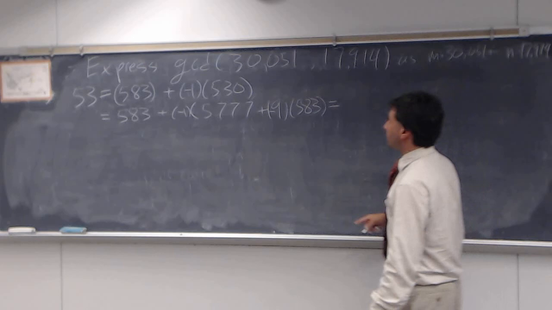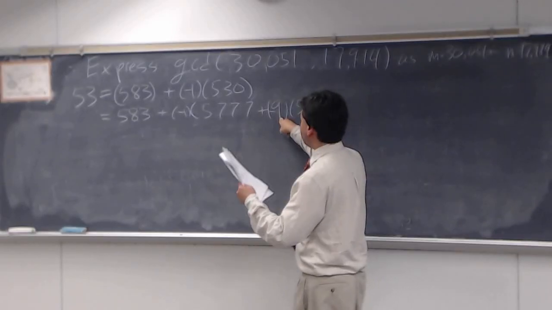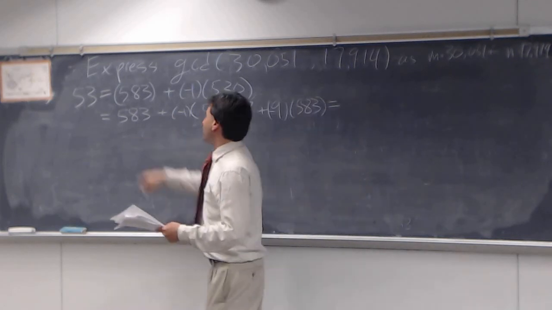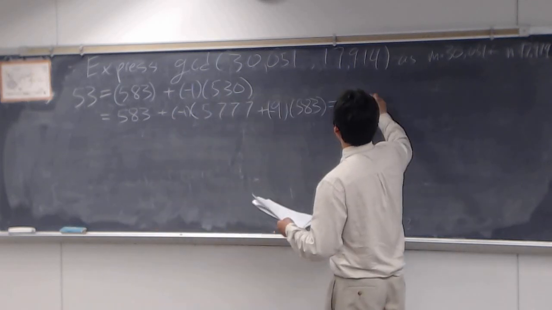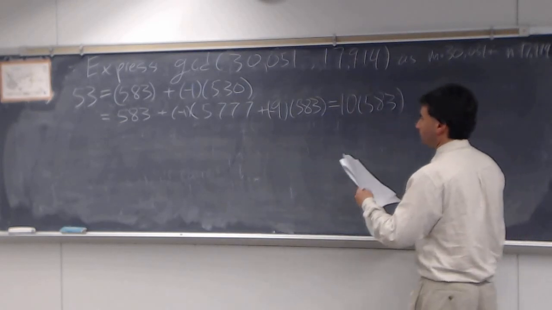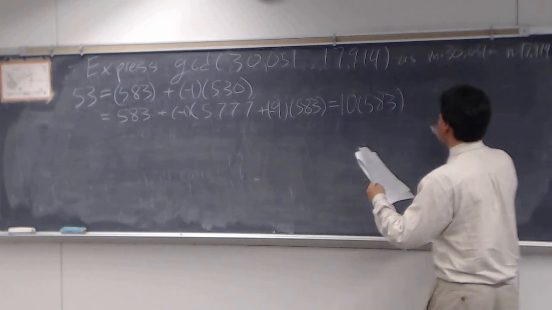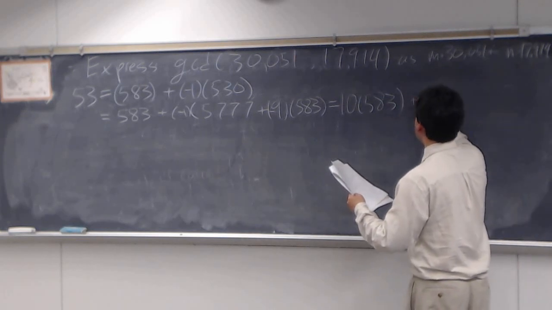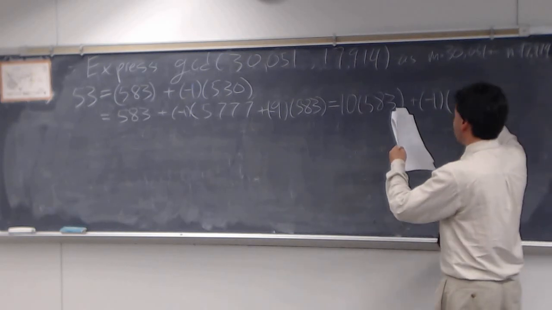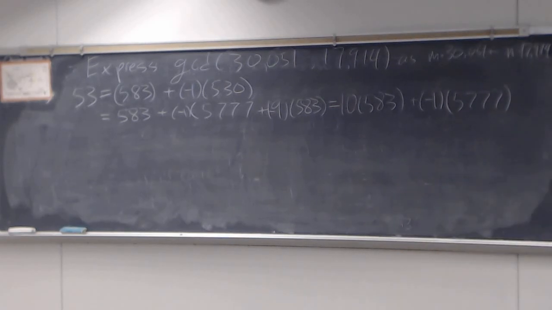If I combine like terms, I have negative 9 of these, but that's with a negative sign, so that becomes a positive 9 of them, plus one more, so I have 10 times 583, plus negative 1 of 577.